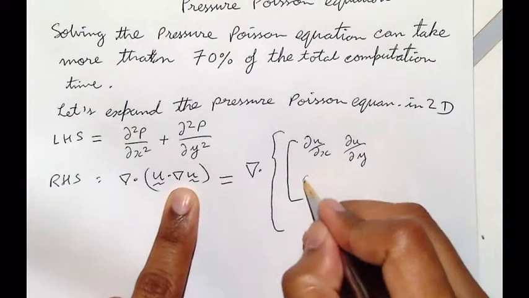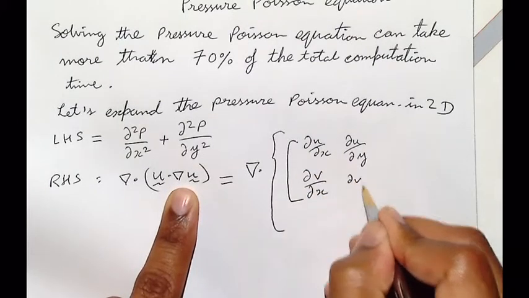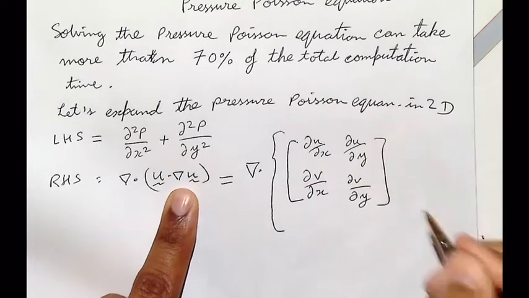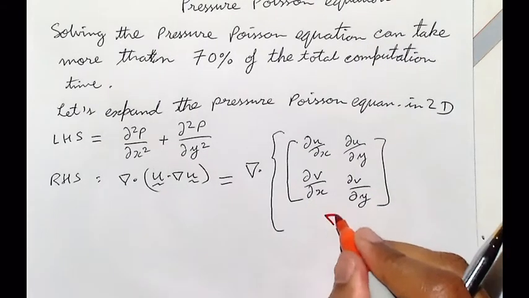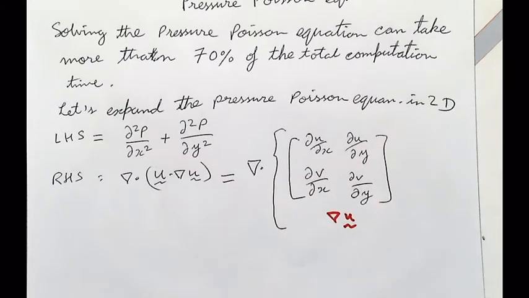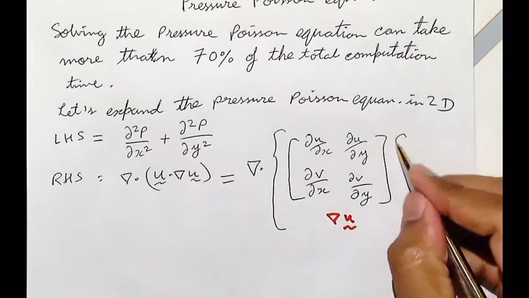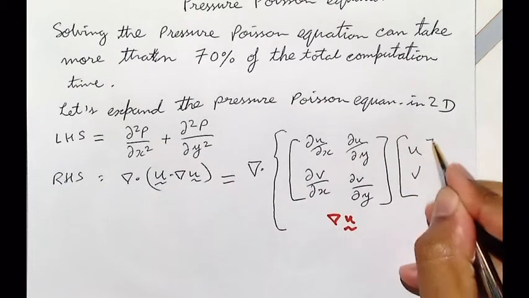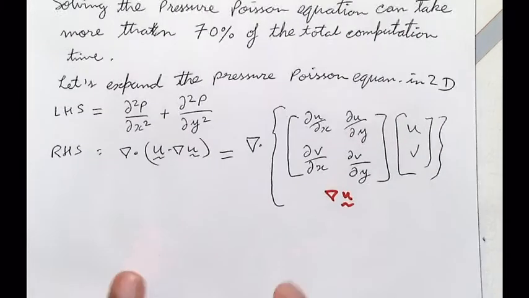Just to make our life simpler, fine, we have this matrix. So this is nabla u. What next? Times u and v. Yeah, we have a u dot here, so we can put a u, v here. Okay, let's keep going.